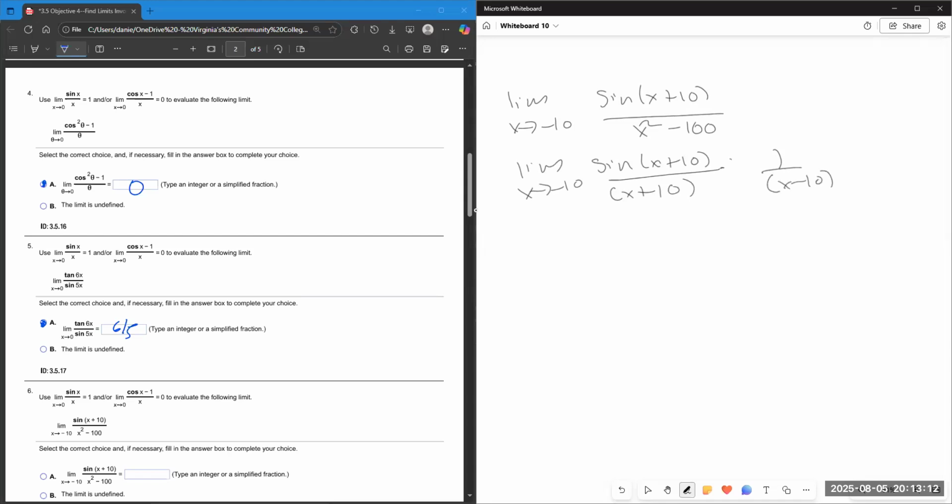And I'm going to put limit as x goes to -10. I'm going to do a u substitution on the first one, since this is the same thing as x plus 10 goes to 0, this is going to be limit as u goes to 0 of sine of u over u times, and when I stick in -10 for x here, this is 1 over -20. So this is -1 over 20 times, and then this is 1, so this is -1 over 20 for my limit.